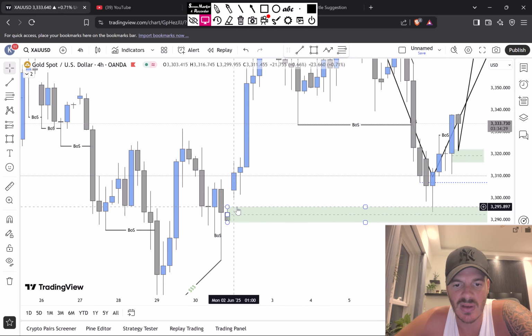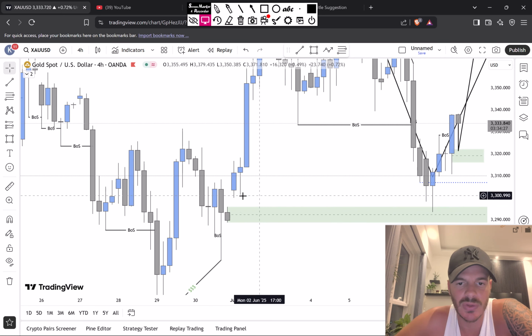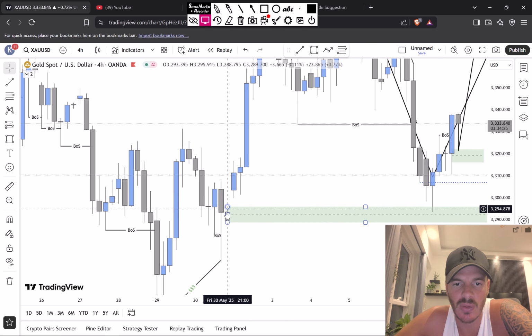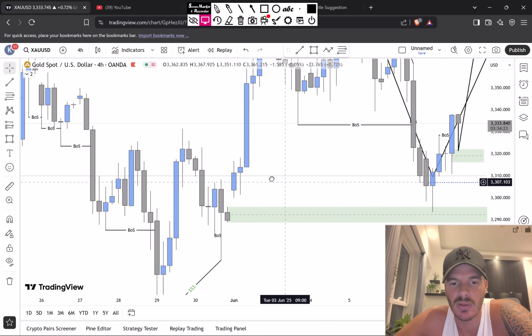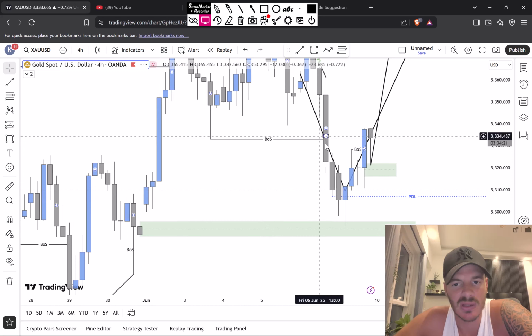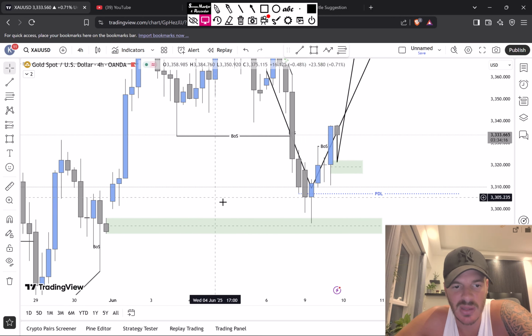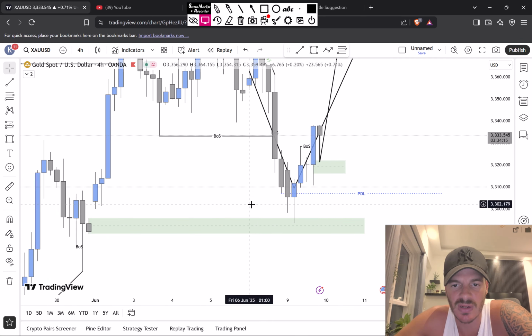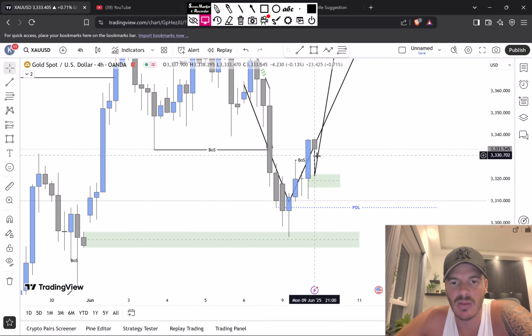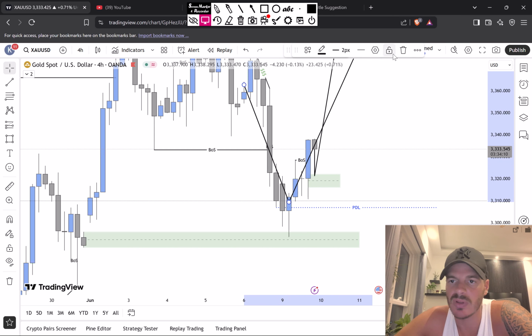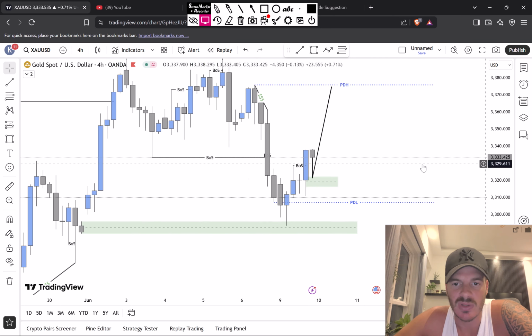As you can see, Monday, 2nd of June, 2025, the market opened with a big gap towards the upward direction. What the market did was go all the way down, fill up this gap, hit this demand zone, which was very strong, rejected, and now the market is continuing towards the upward direction, as I was expecting.